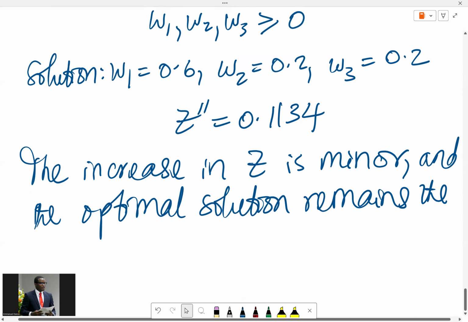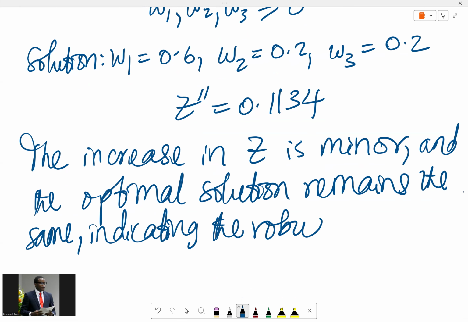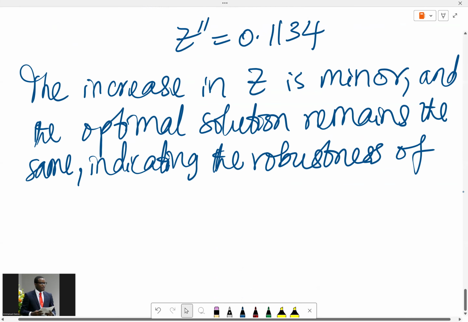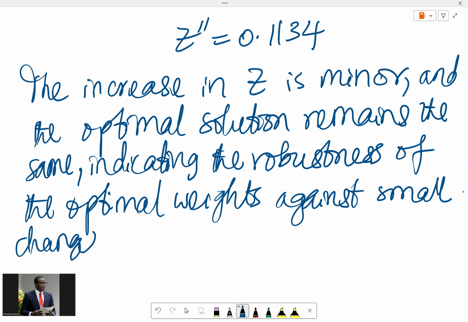That is, the values of W1, W2, and W3 remain the same, indicating the robustness of the optimal weights against small changes in objective coefficients.